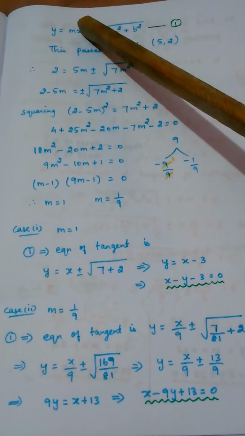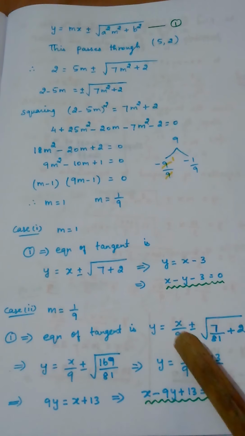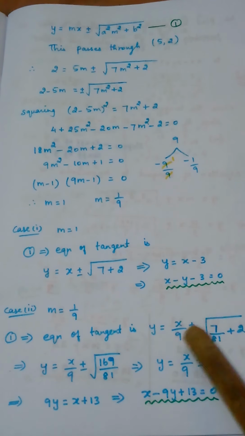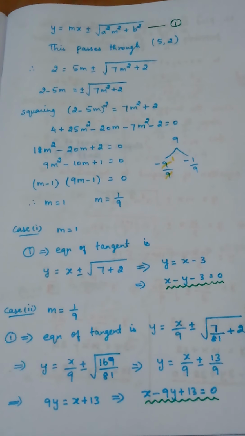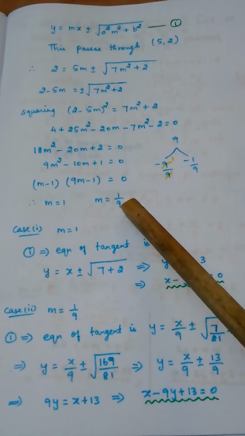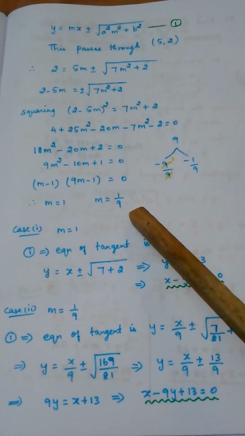Y is equal to, in place of m, I should put 1 by 9. So x into 1 by 9, x by 9, plus or minus root of a square, which is 7. What is m square? M is 1 by 9, if I square that, 1 by 81.